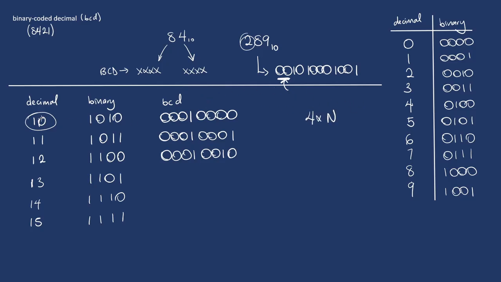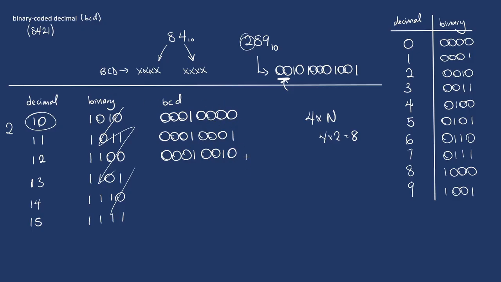Since 10 to 15 have 2 digits each, 1 and 0, 1 and 2, 1 and 4, this is going to be 4 times 2, which is 8. So we're expecting 8 bits when working with the numbers from 10 to 15, which is why these are not allowed. So when working with BCD, there are certain binary numbers that are not allowed.